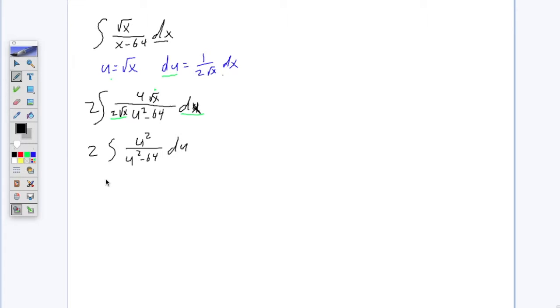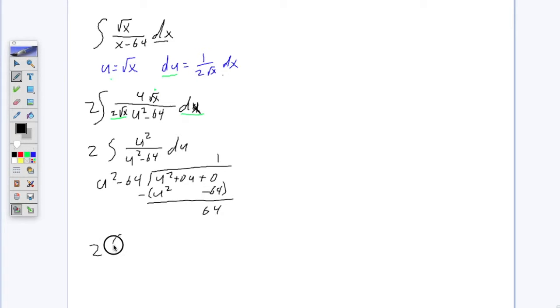The way that we approach that is we do some long division, and we rewrite the fraction plus 0u plus 0. u squared goes in there one time. It's u squared minus 64, subtract, and we get 64. So I'm going to rewrite this fraction as 1 plus 64 over u squared minus 64.